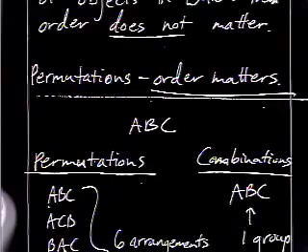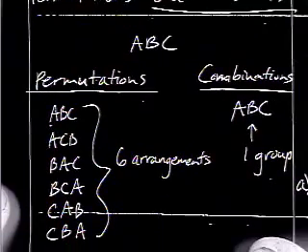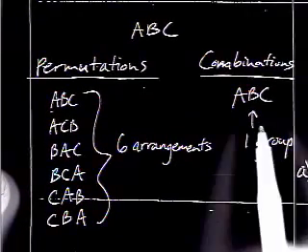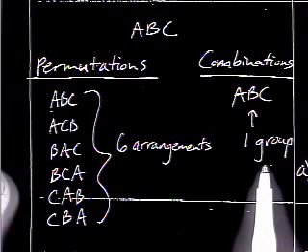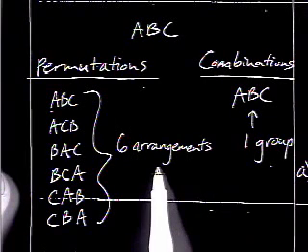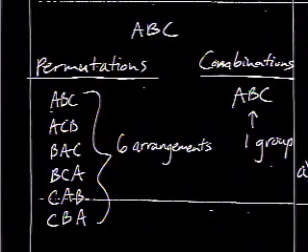So let's take the letters A, B, C. In combinations, that's one group of 3 letters, A, B, C. Well, with permutations, there are 6 arrangements of that. So as you can see, permutations are always bigger than combinations.